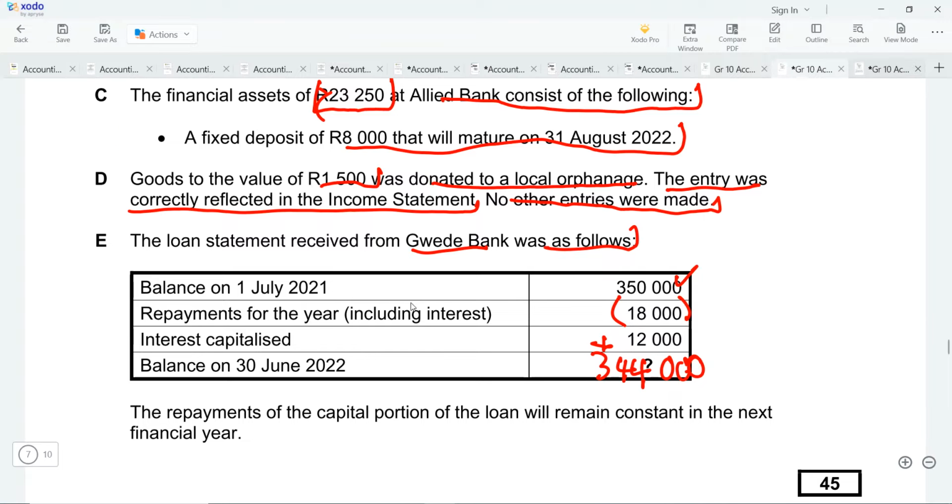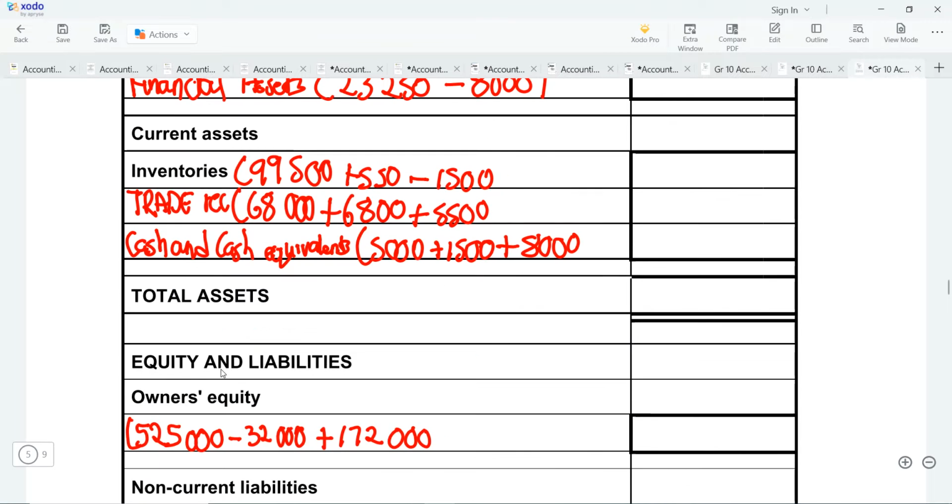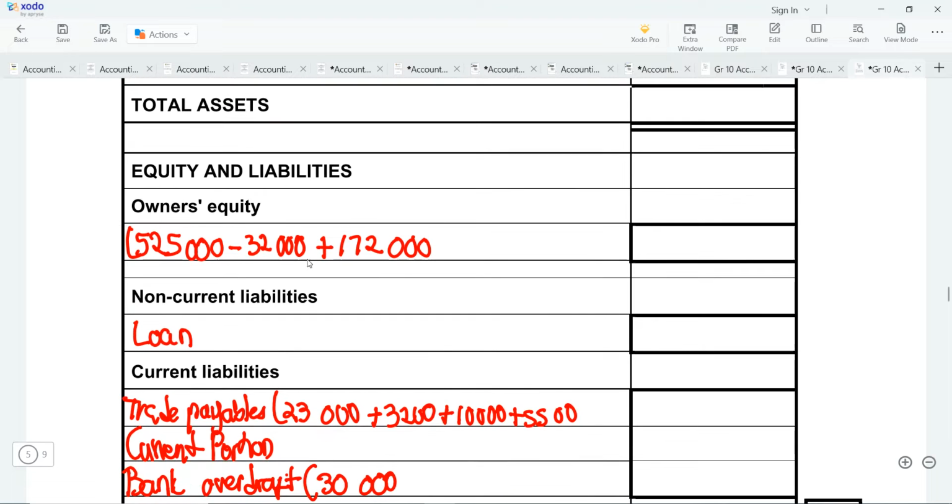So I'm going to show it in our long-term loan: 350,000 minus 18,000, and then we also need to check what else is happening.